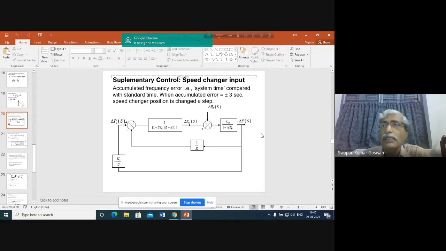That means it indicates that after the variation in demand, frequency will be back to its nominal value. Frequency will come back to its normal value. That means it is possible.